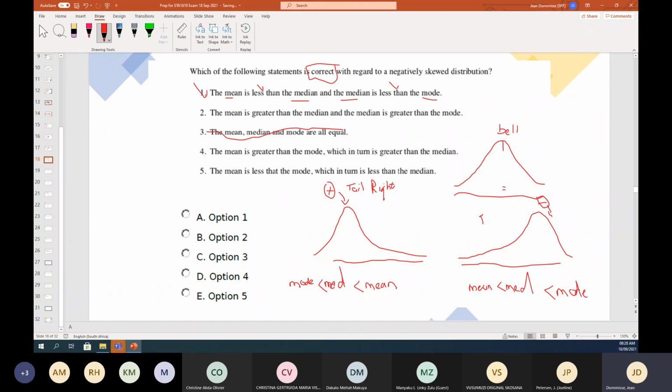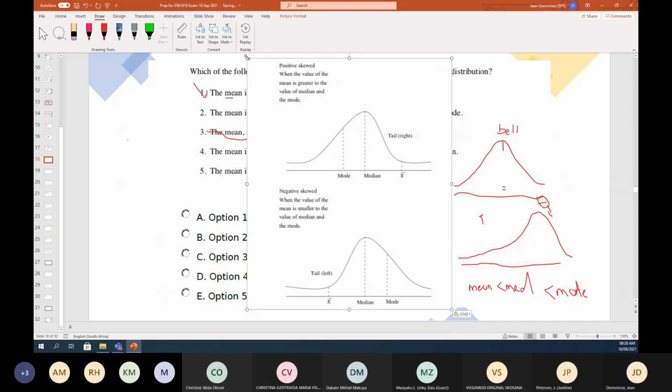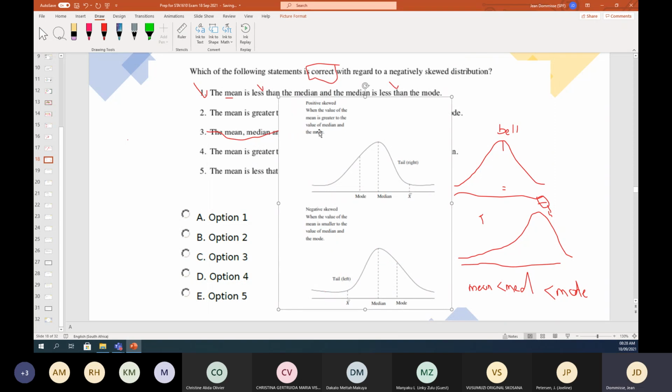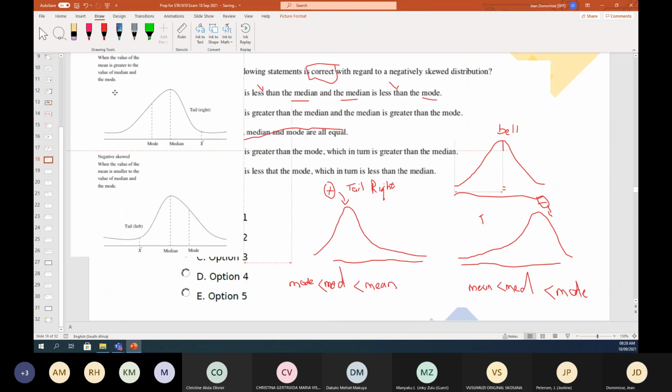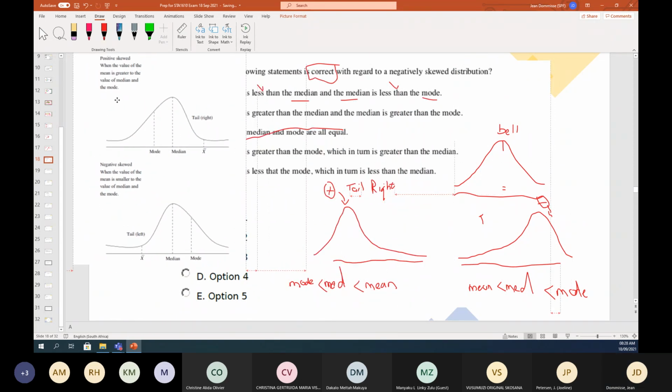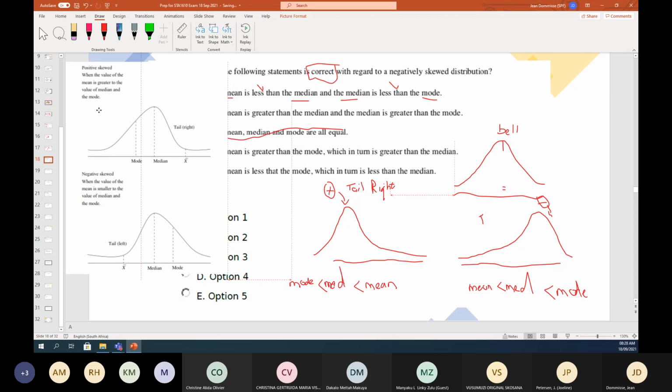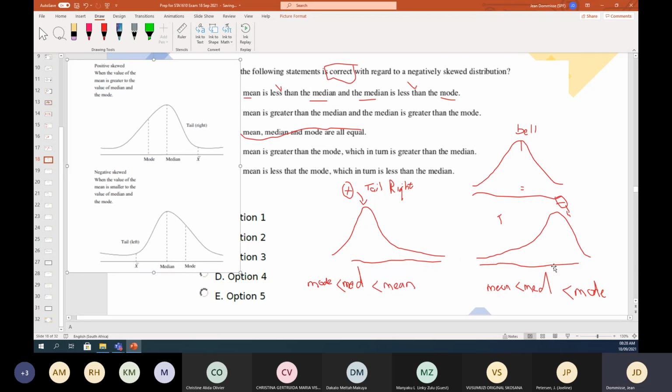So let's quickly copy this in. Now mine just looks so that those two is supposed to look similar.